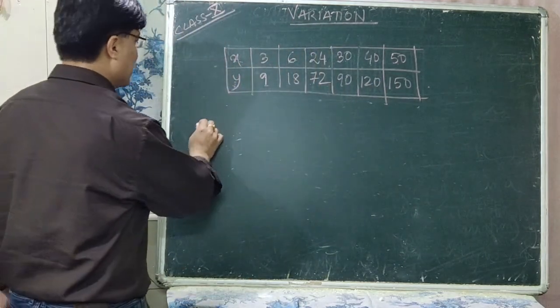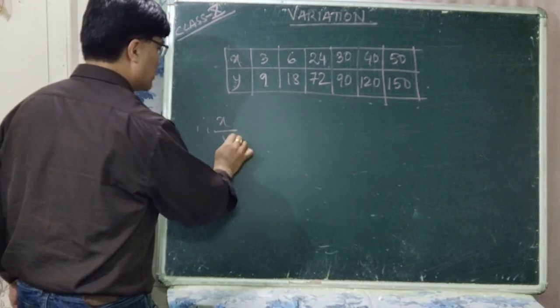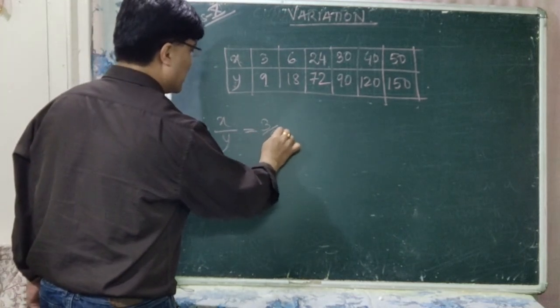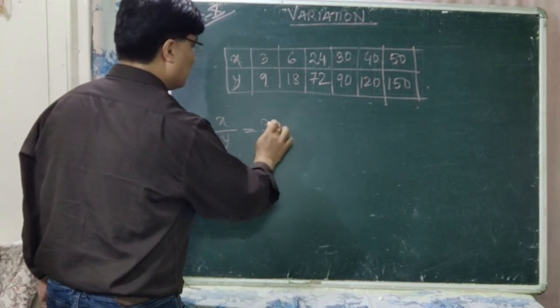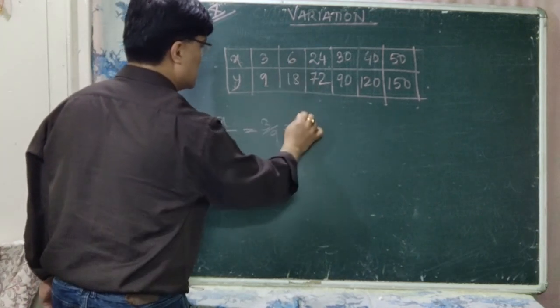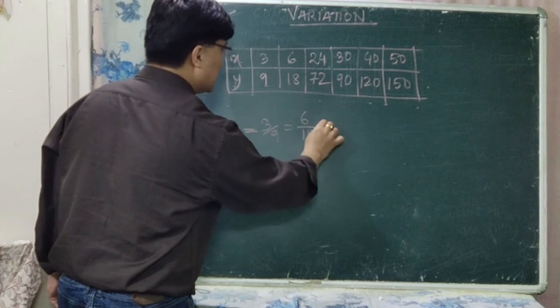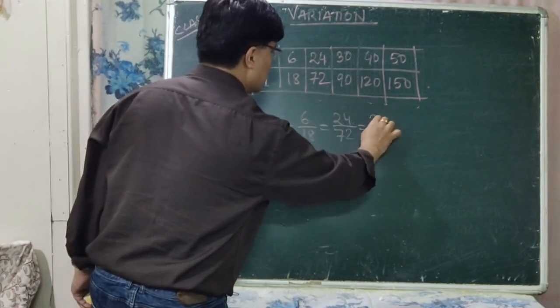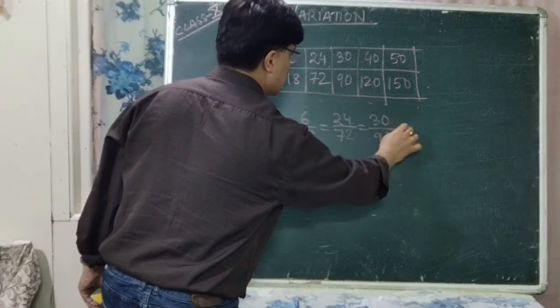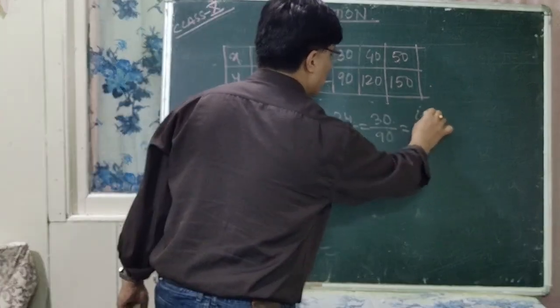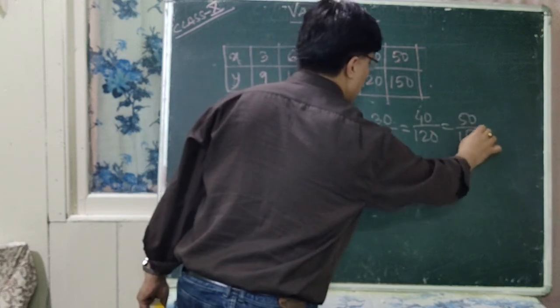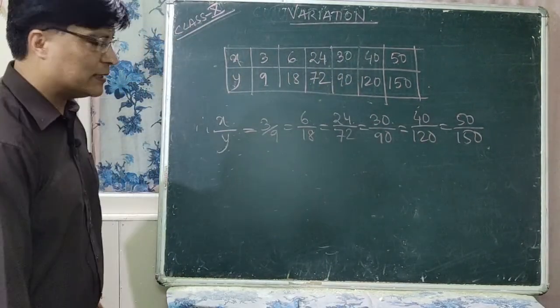So now in this case, let us get the ratio x upon y. So which is equal to 3 upon 9, is equal to 6 upon 18, is equal to 24 by 72, is equal to 30 by 90, is equal to 40 by 120, is equal to 50 by 150, right?